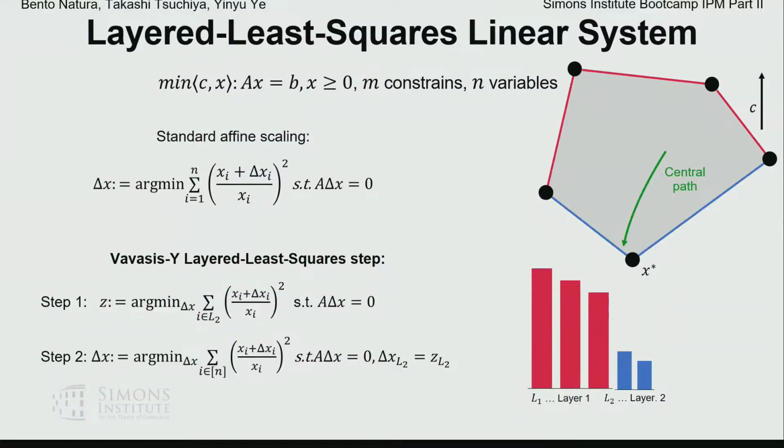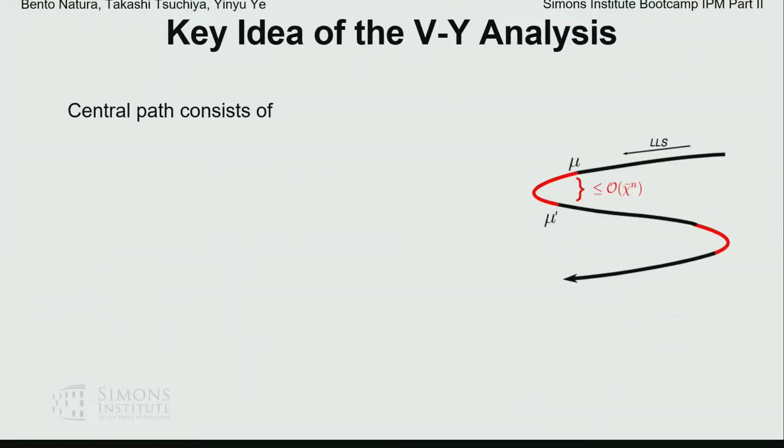So this whole process is still like affine scaling, still like scaling, but some scales have infinity. Some you have to do first. Make sure they have a very good projection first. It's called layered least squares. So it automatically takes care of this.